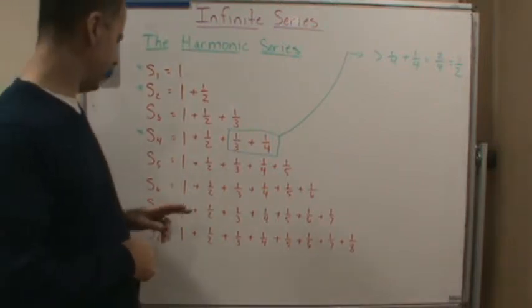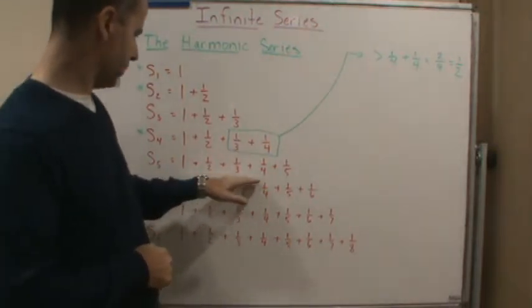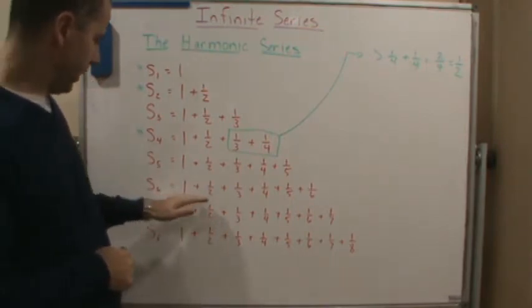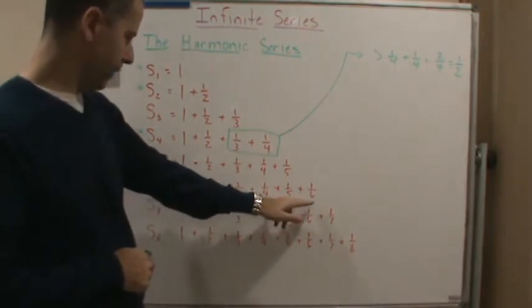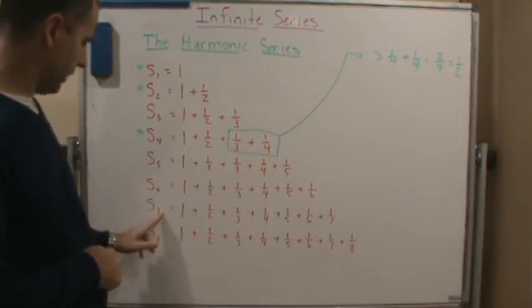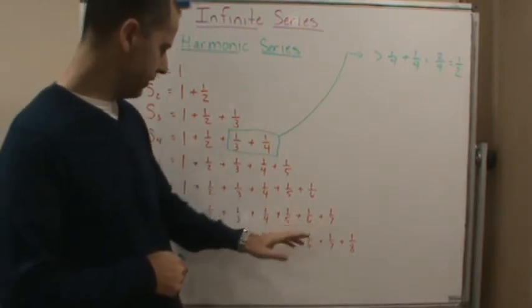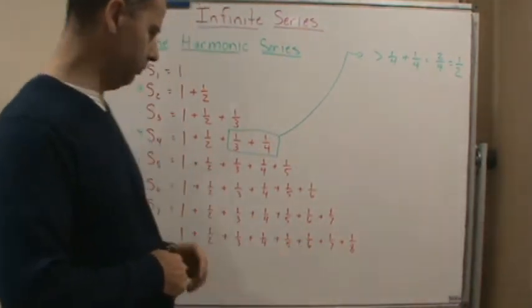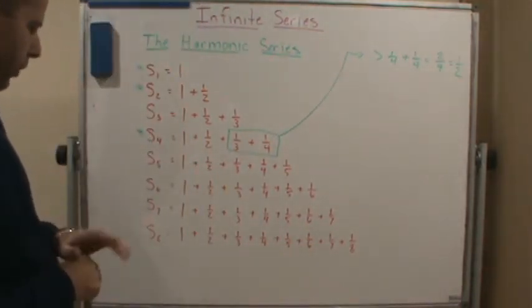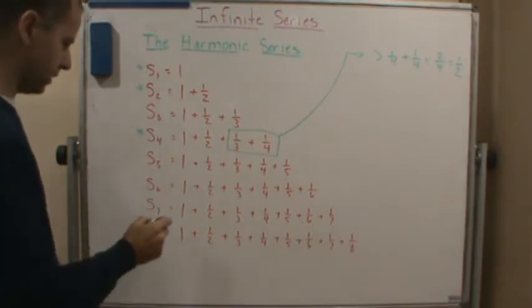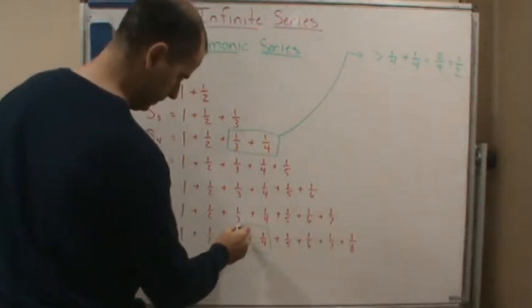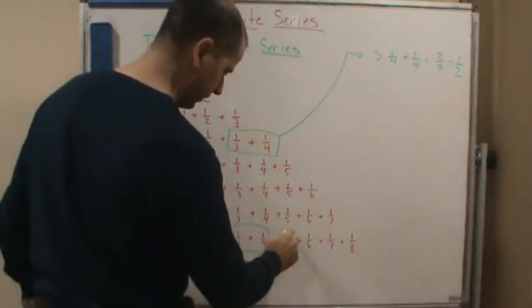So now let's go on. s sub 5 is equal to this, and then for s sub 6 you add on 1/6, for s sub 7 you add on 1/7, and when you get to s sub 8, you add on an eighth. But now notice something. Let's look at these four.